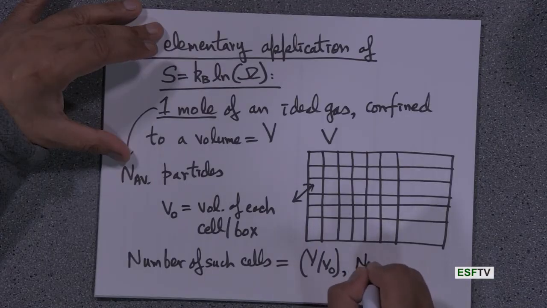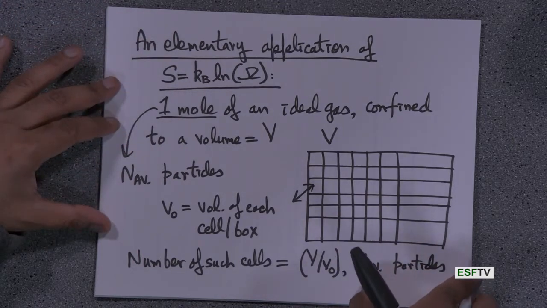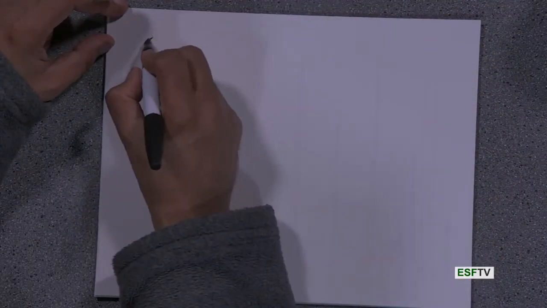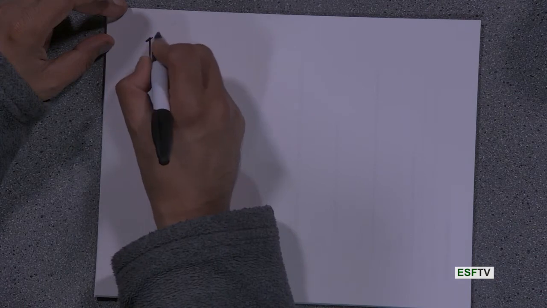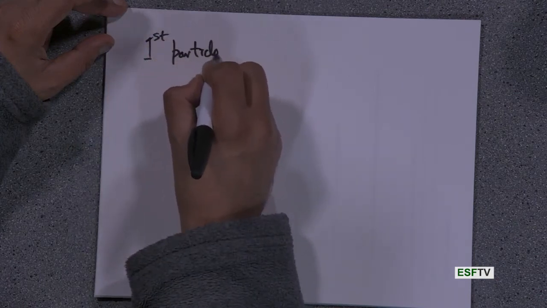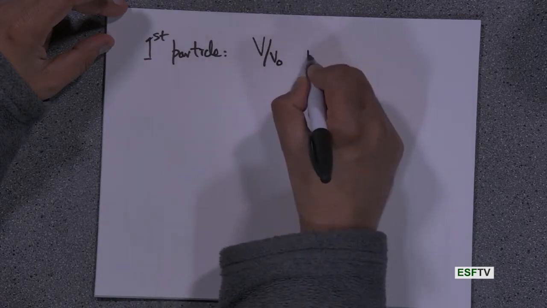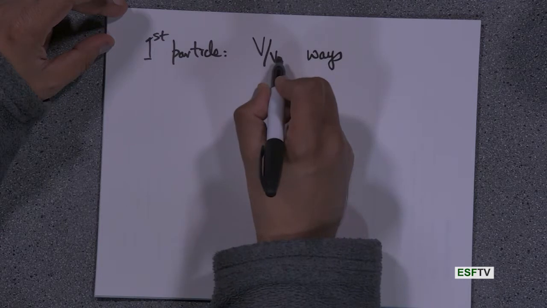We have n Avogadro particles. How many arrangements? So let's see. The first particle can go into any one of these cells. So that can go in V divided by V0 ways, because that can go into any of these cells.